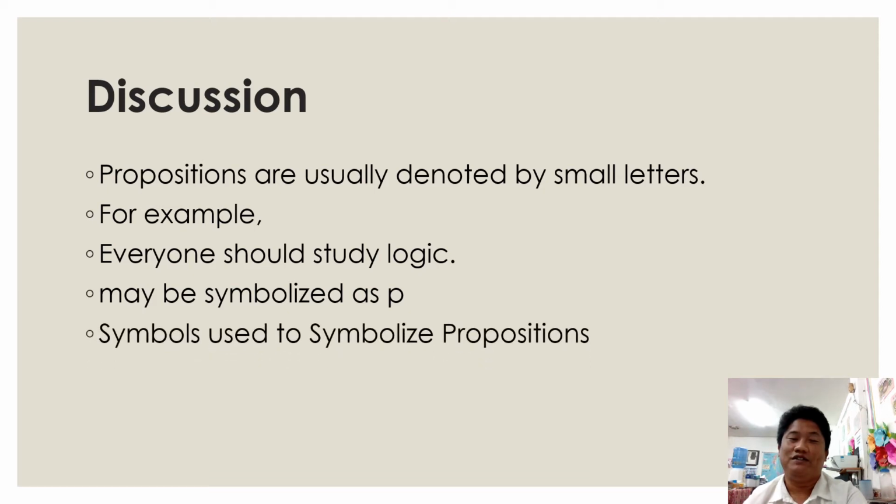Then we have here other symbols used to symbolize propositions. We have here negation, or the use of the word not. Negation here has a symbol of a wave-like line. So we have there negation. So when we negate a statement, it contains the word not.